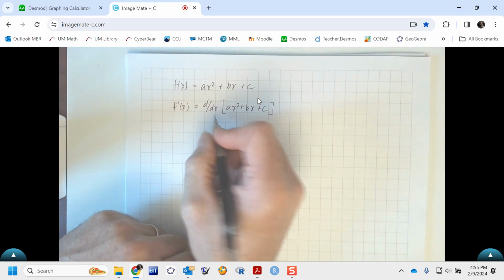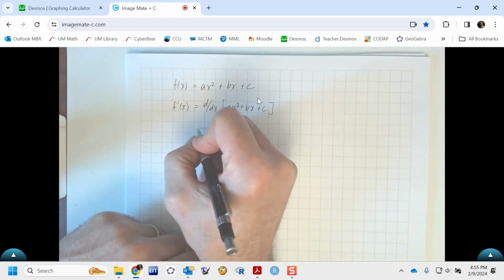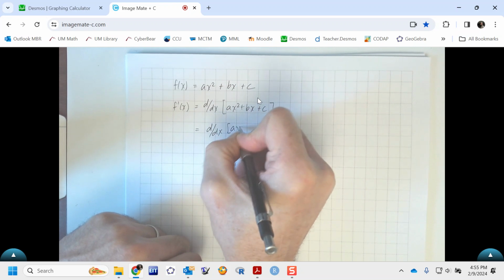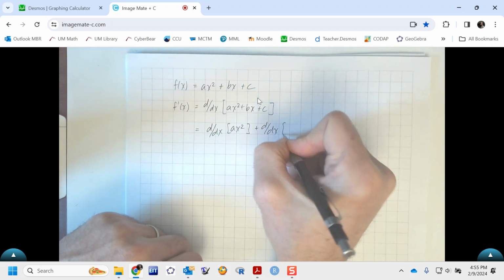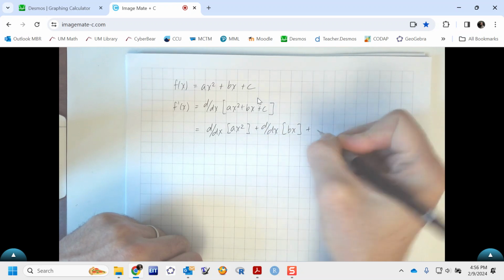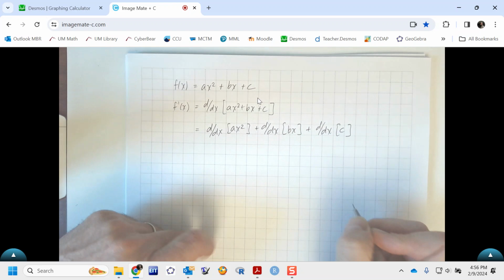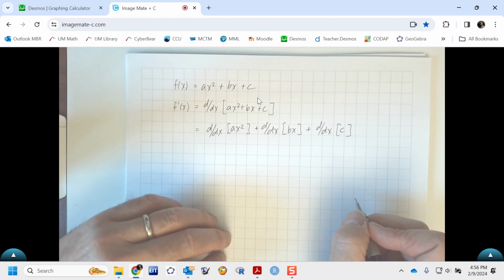Well, we know the differential operator respects addition, so we can just take the sum of d by dx of ax squared plus d by dx of bx plus d by dx of c. That's just the rule for sums and differences of functions.